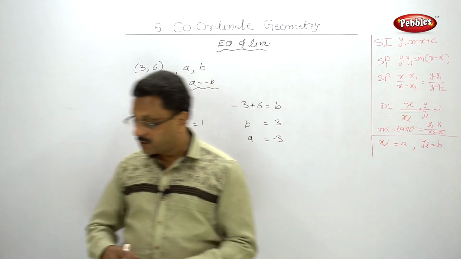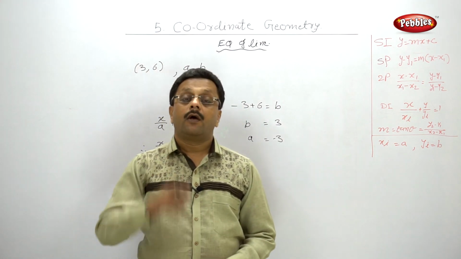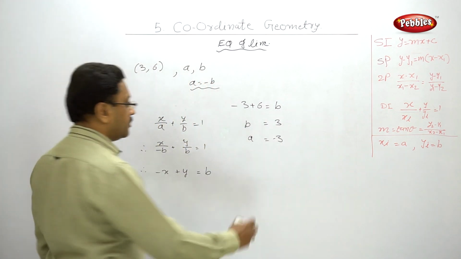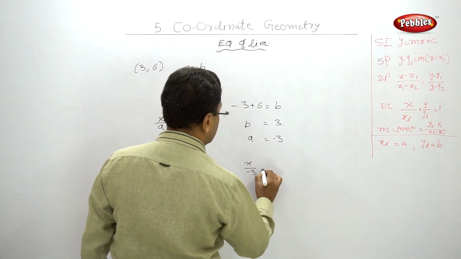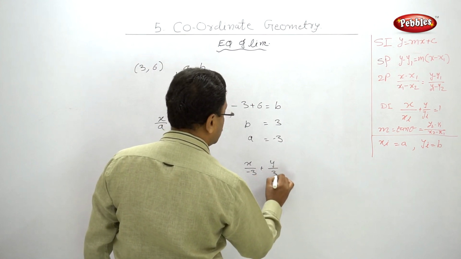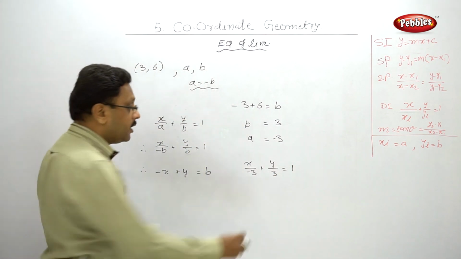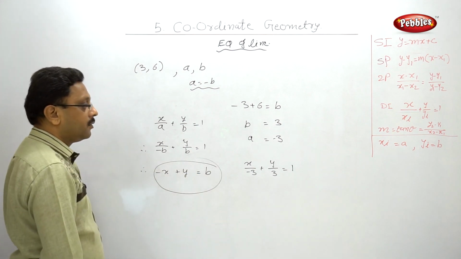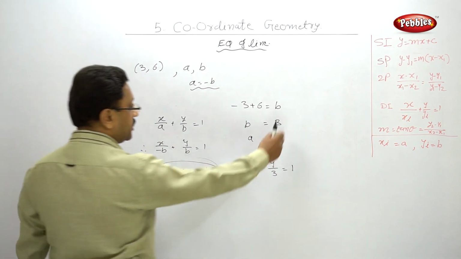Now what are they asked? Find the equation of the line. Now you can substitute in our format once again. So I say that x upon minus 3 plus y upon 3 is equal to 1. Or instead of this, you can put it here itself. Now you have found out the value of b, that is 3.